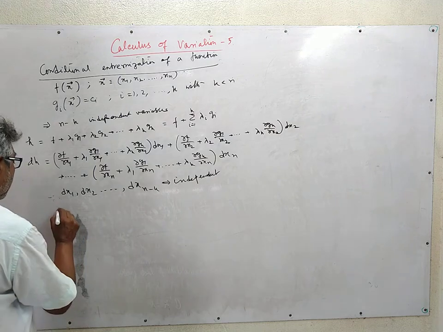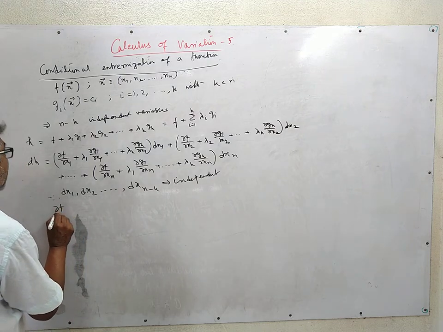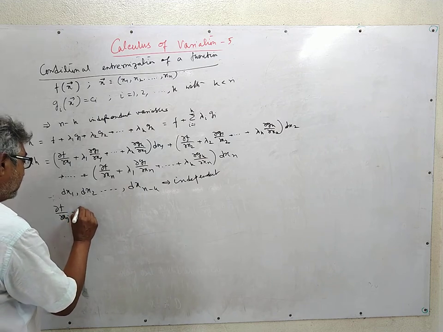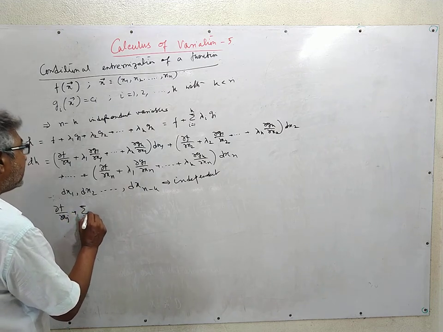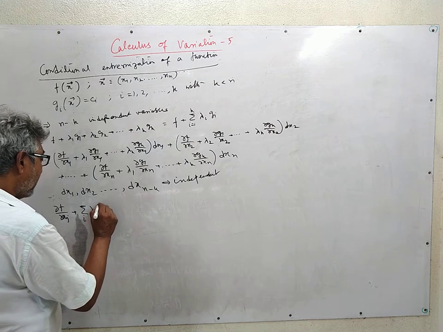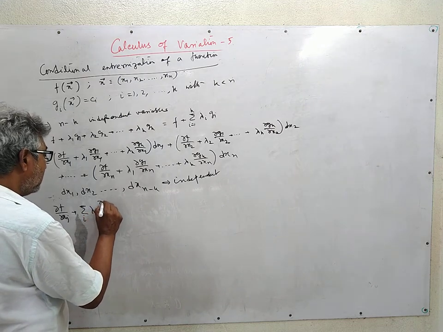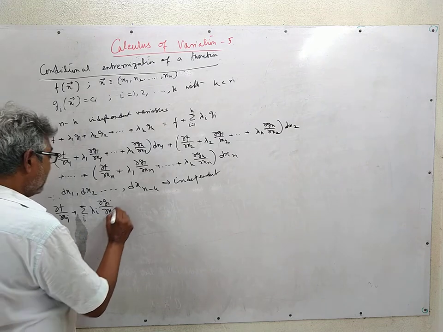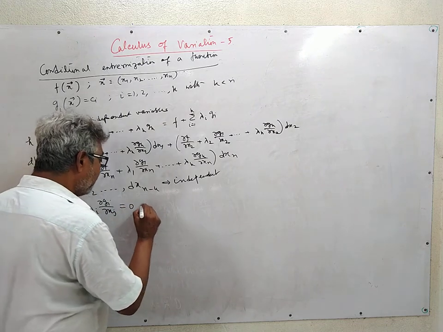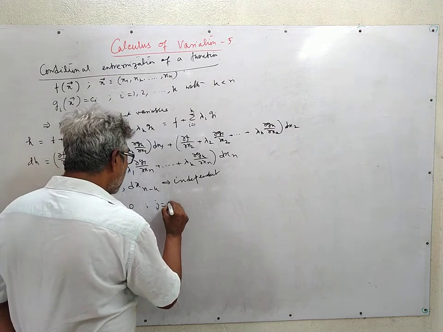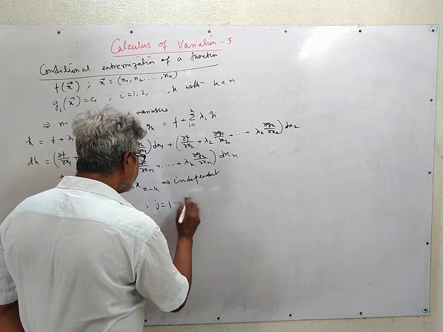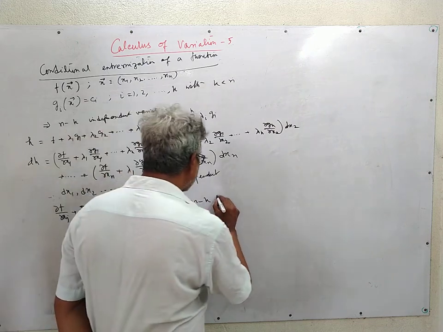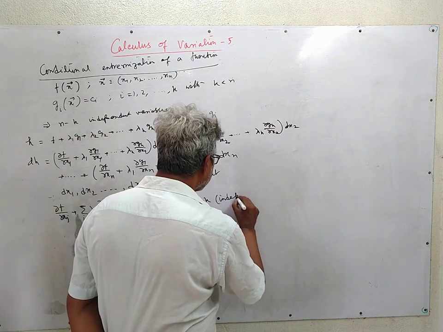So we write del f del xj plus summation over i of lambda i del gi del xj equal to 0 for j is equal to 1 to n minus k, which are treated as independent variables.